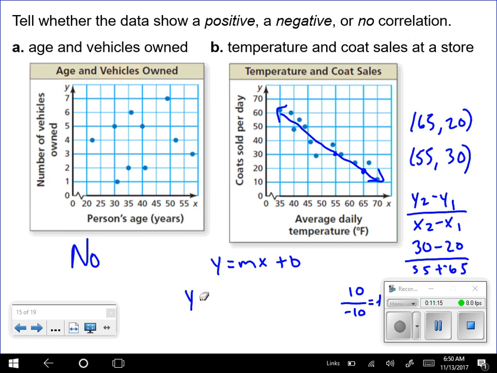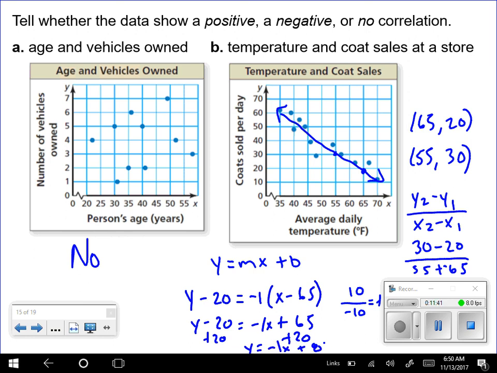So I'd have to use y minus y1 equals negative 1 times x minus x1. And I'd add 20. So y equals negative 1x plus 85.